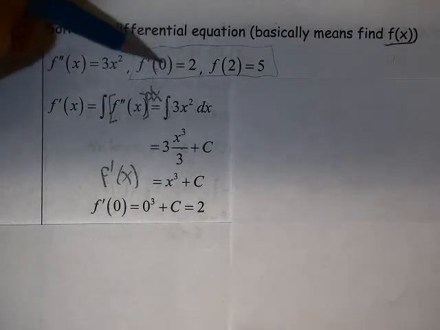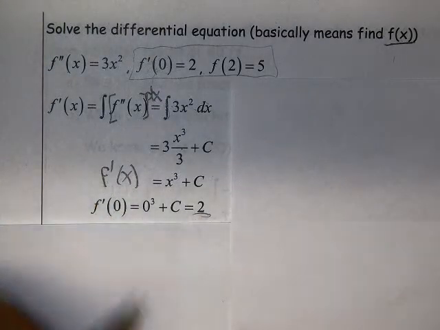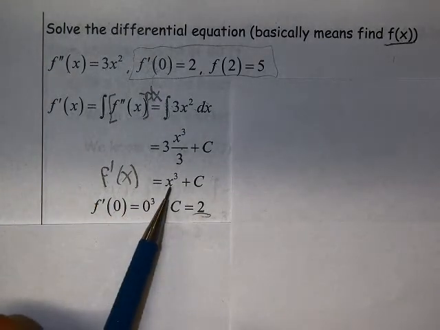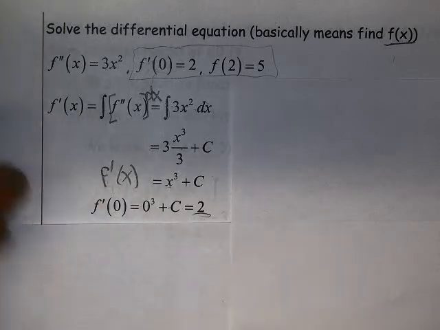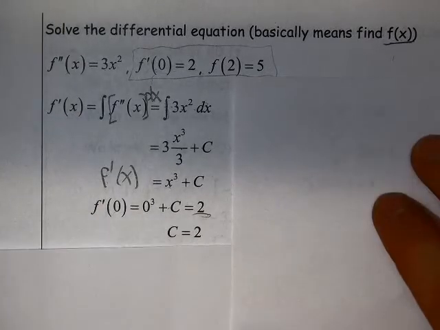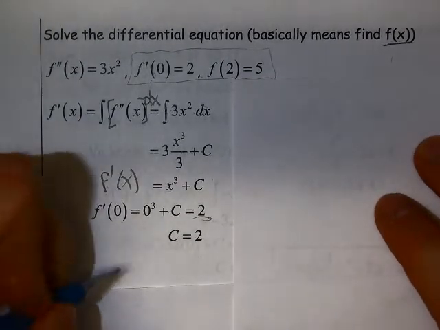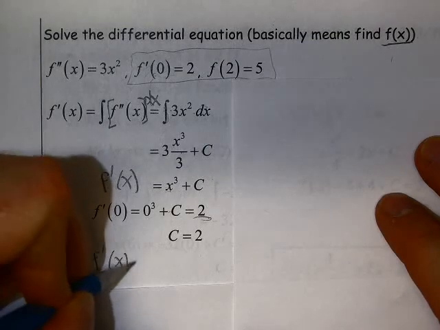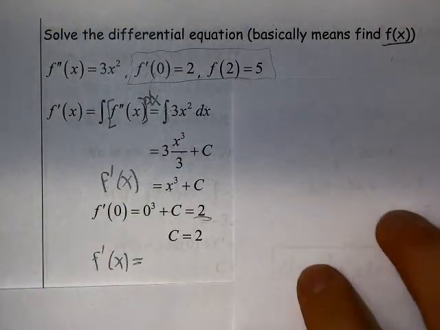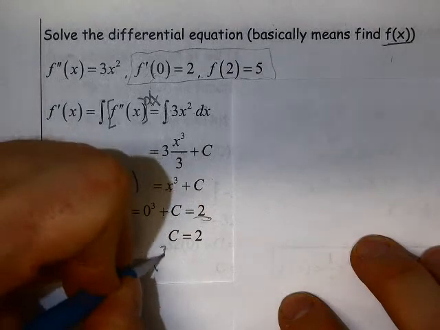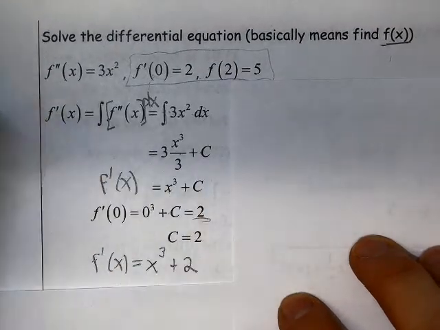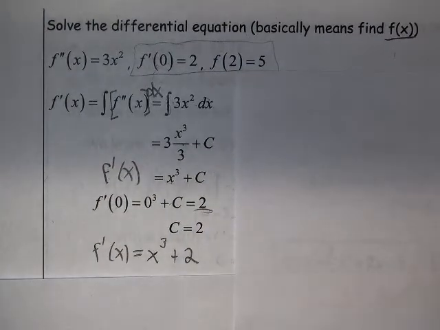I know that's 2, and I plug in 0 for the x. So I get 0 plus c is 2, so the c value is 2, and therefore the specific first derivative for this problem, given these initial conditions, is x cubed plus 2.